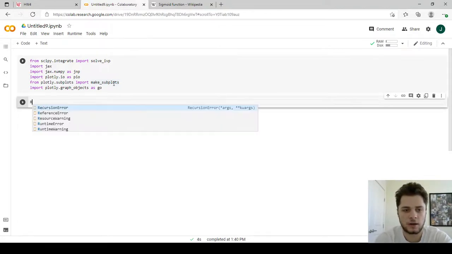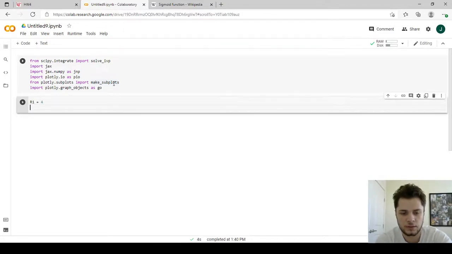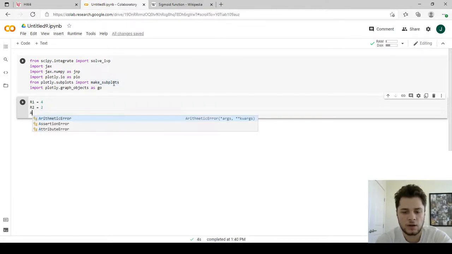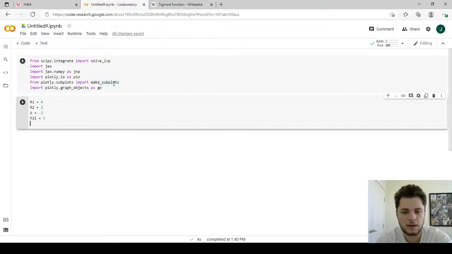So the first thing I want to do is plug in all my knowns, everything that we are given. So we know R1 is equal to 4, R2 is equal to 2. The areas of the two pipes connecting them and leaving tank 2 are equal, and they were equal to 0.2 meters squared. I know my initial heights: H1 is 5 and H2 is 3.